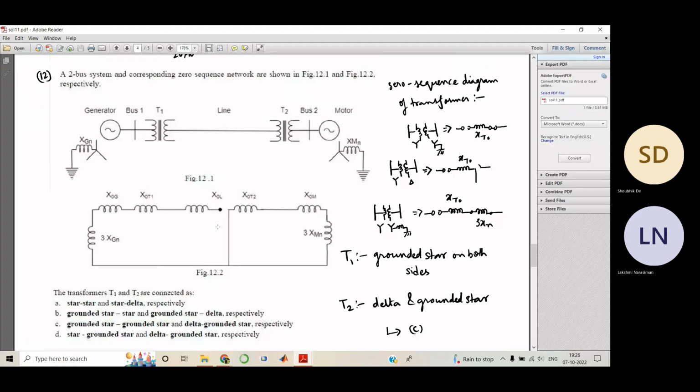So, if in this system a fault is occurring somewhere, let's say at bus 2, a star-delta or delta-star with grounding would have a significant consequence, right?